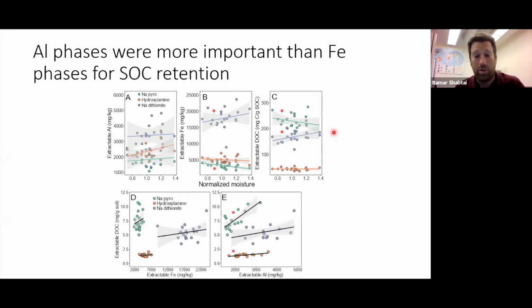And then we plotted the carbon against the iron and against the aluminum extracted from each one of the extractions to try to understand which of these elements was more important. The non-significant regressions with iron, but the significant regressions with the amorphous aluminum phases show us that it was the amorphous aluminum and organometal complexes formed between carbon and aluminum that were driving storage of carbon in these soil oxide pools.